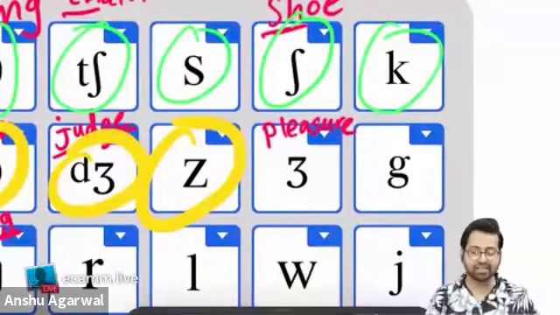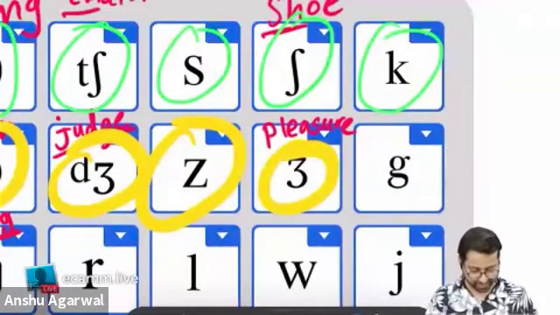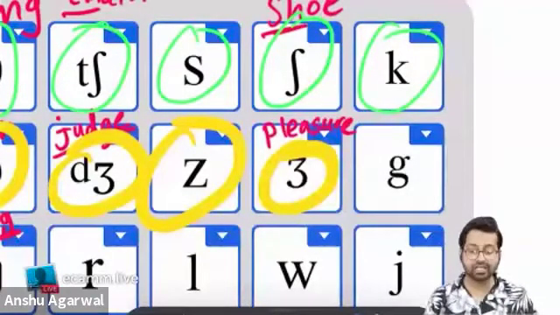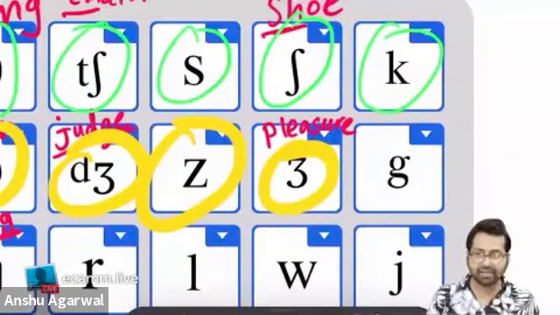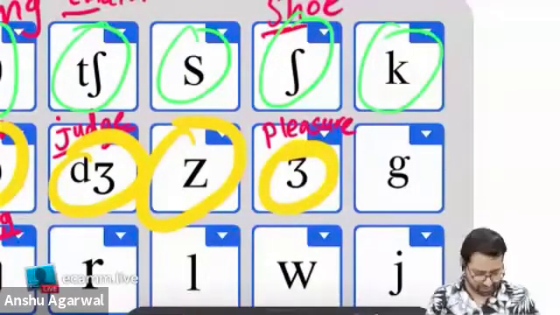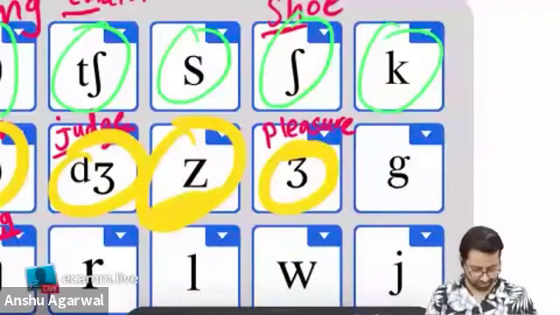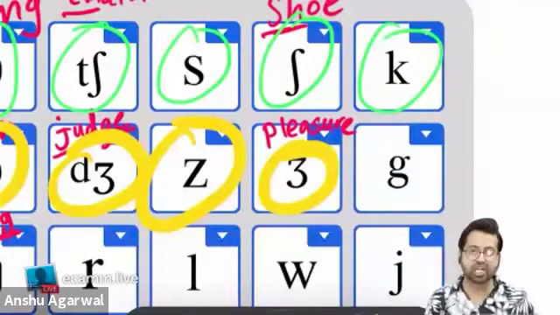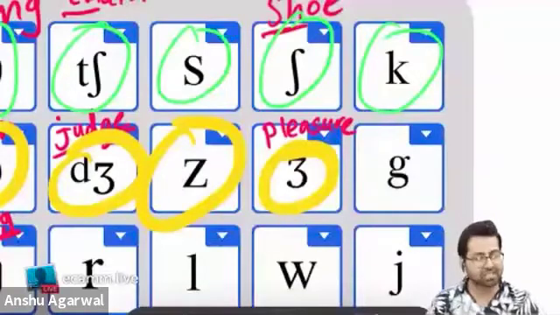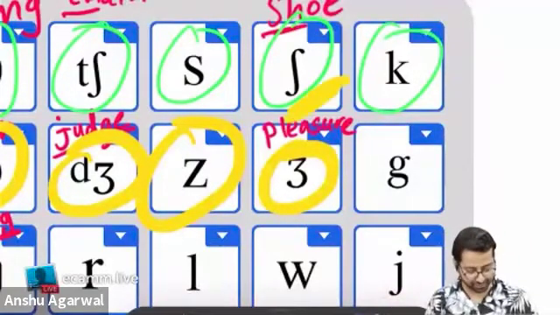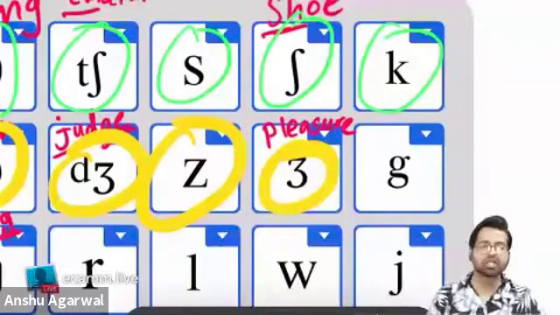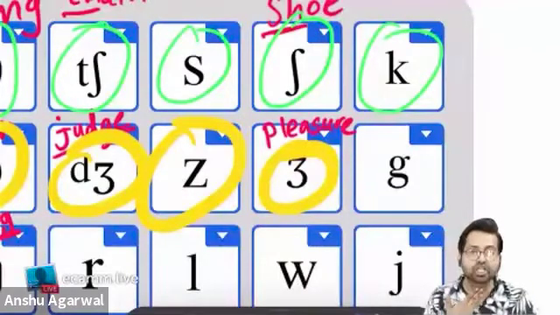And another problem sound that many people face is the j sound of pleasure, just like treasure. Many people end up saying treasure with the z sound, but no, it's not that. How to produce the j sound? Just produce the sh sound from shoe, see just above it, sh, and add voice to it, like sh, sh.